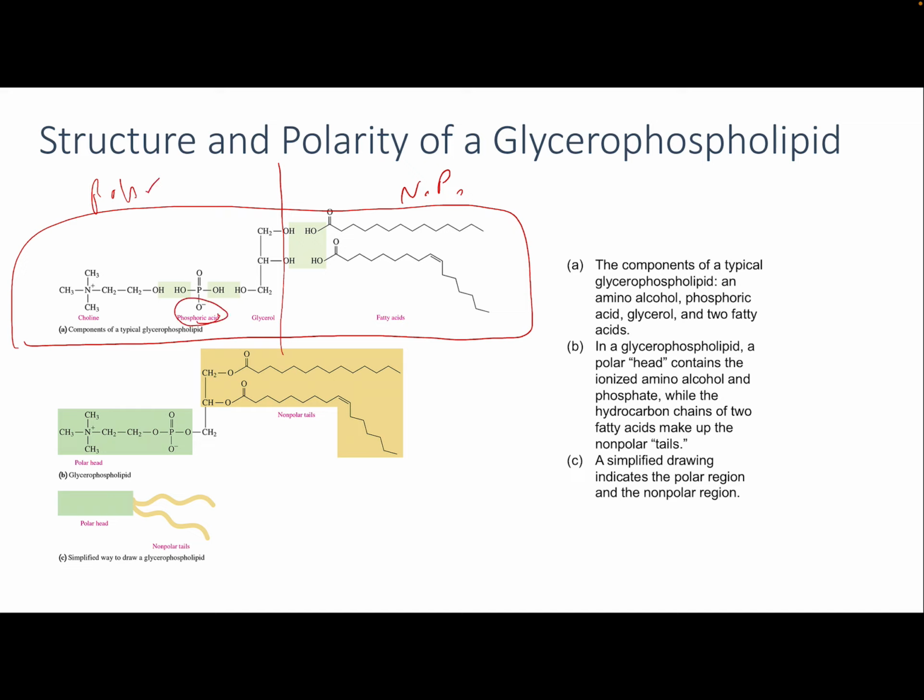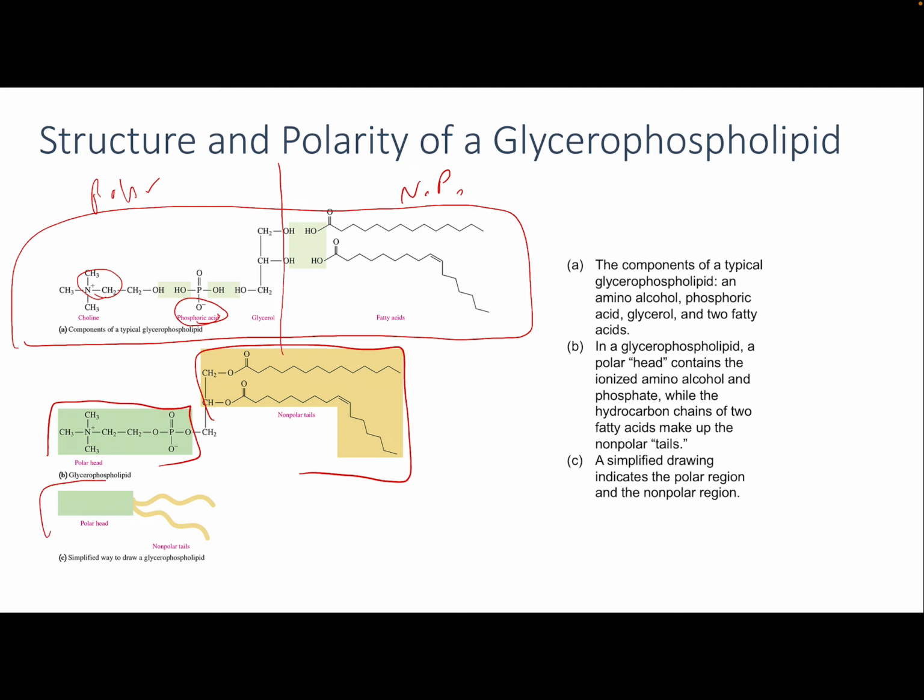So the negative charge there, the positive charge over here. Again, polar. We sometimes use the terms head and tails when we talk about phospholipids. We say that they have a polar head and a non-polar tail.